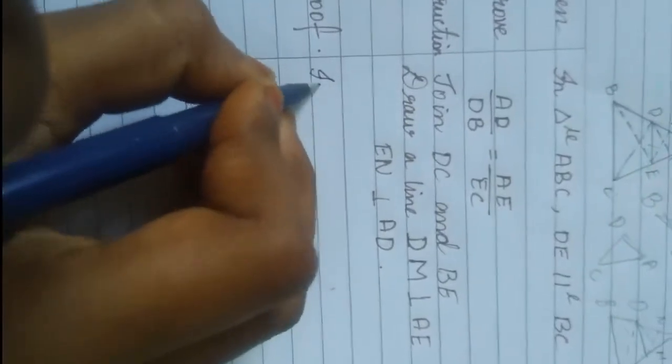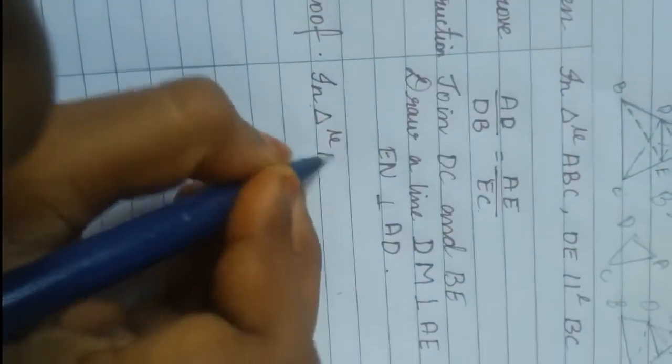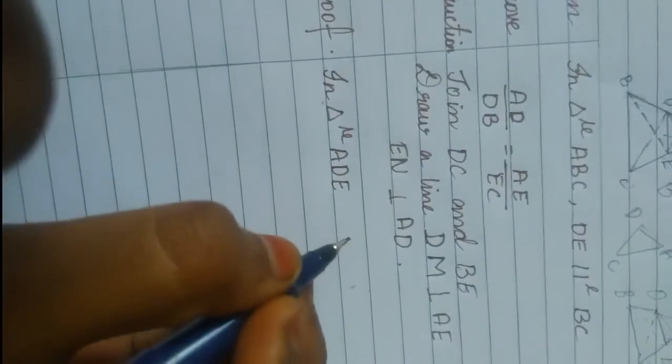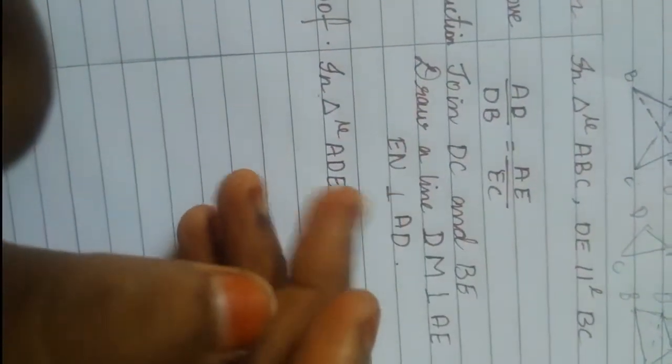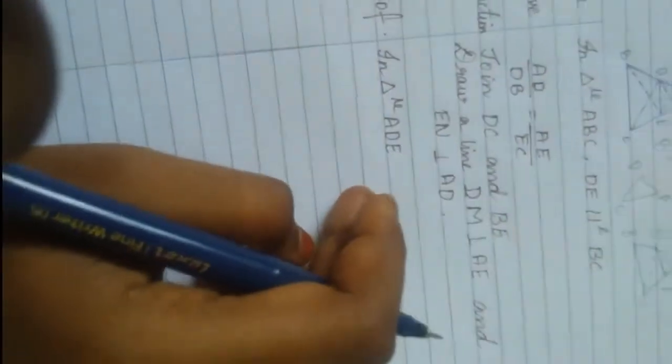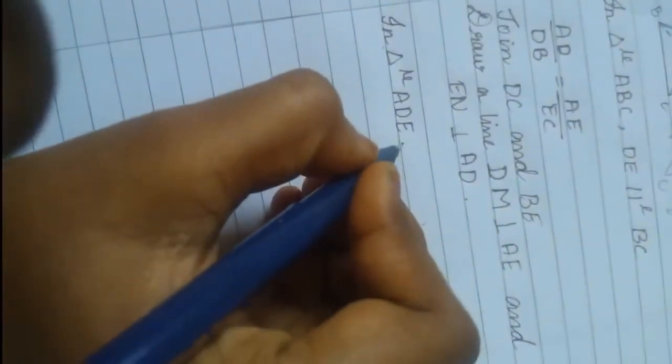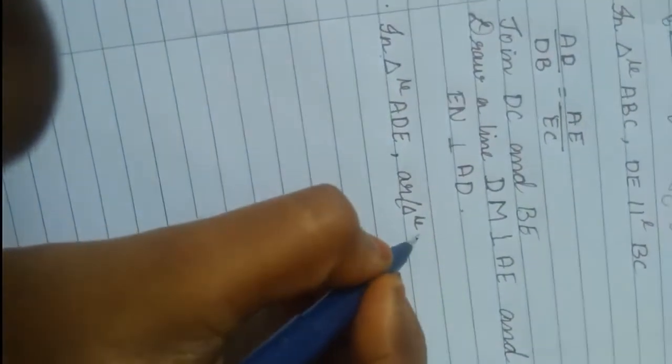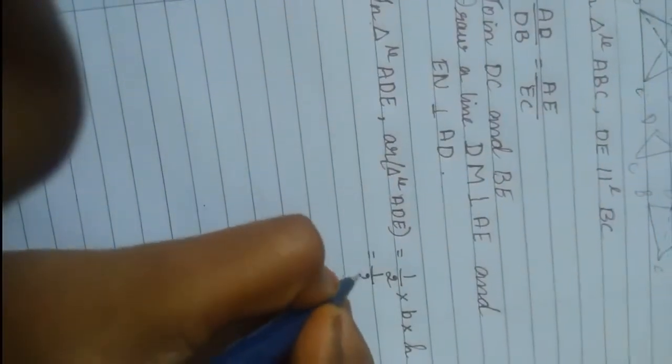So yes, we'll take triangle ADE. Yes, in triangle ADE, area of triangle ADE is equal to half into base into height, which implies half into base of this triangle is what?